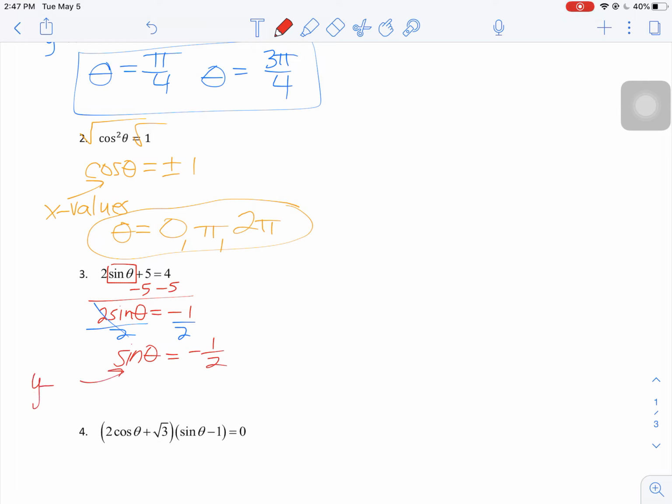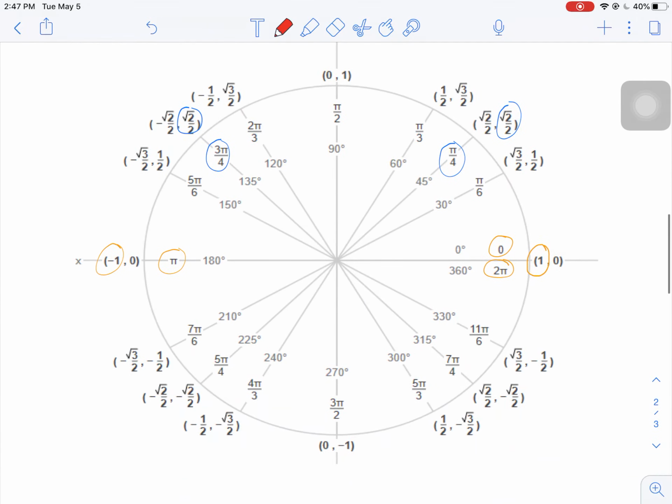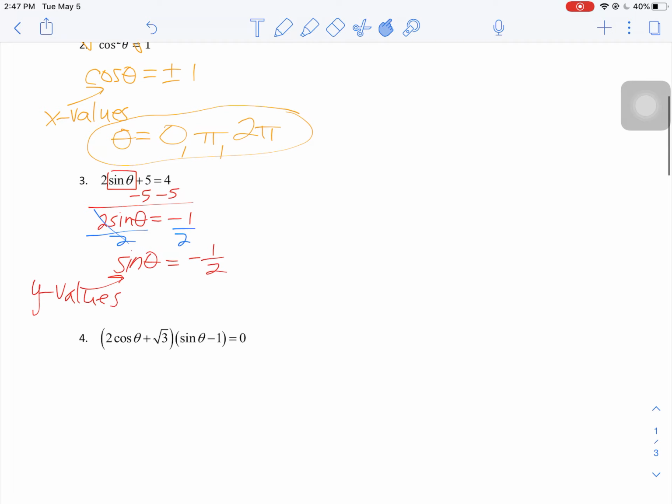So sine is always the y values. So we're looking for y values of negative 1/2. So that happens at 7 pi over 6, and that happens at 11 pi over 6. So theta equals 7 pi over 6 and 11 pi over 6.